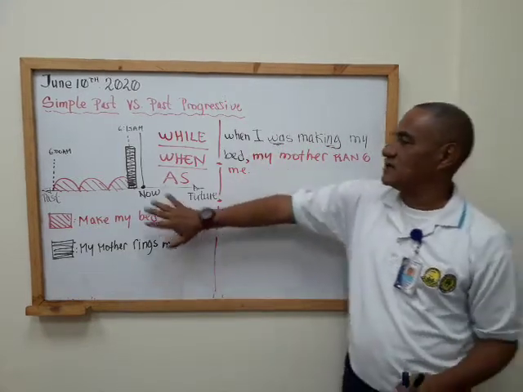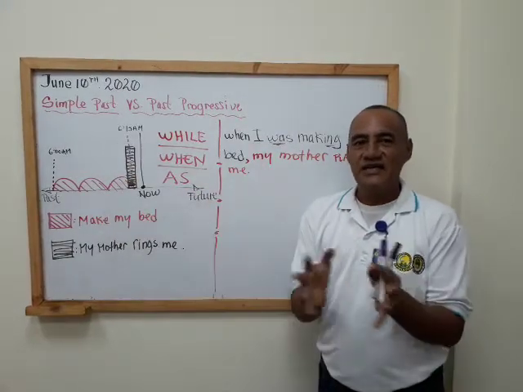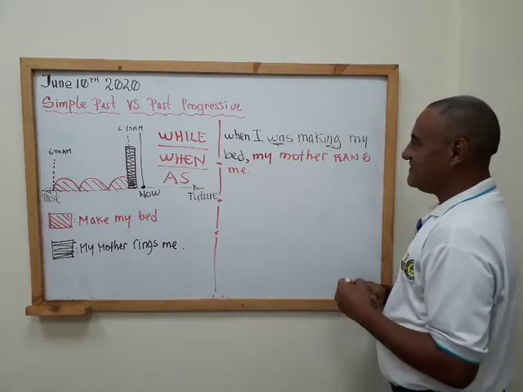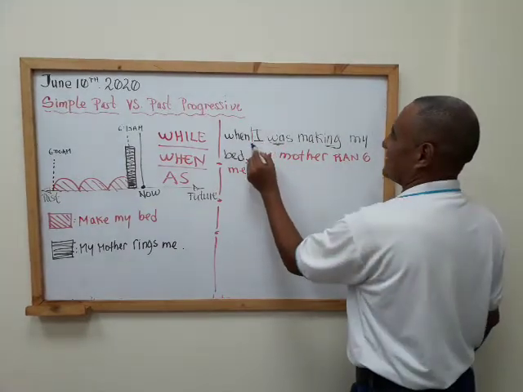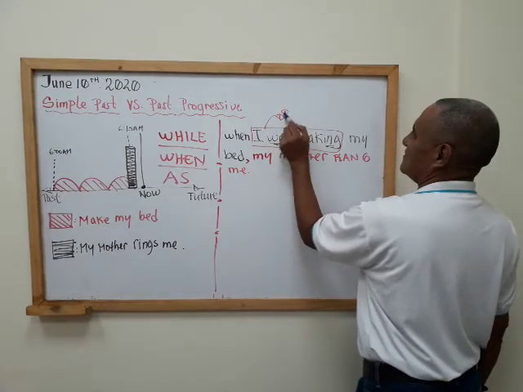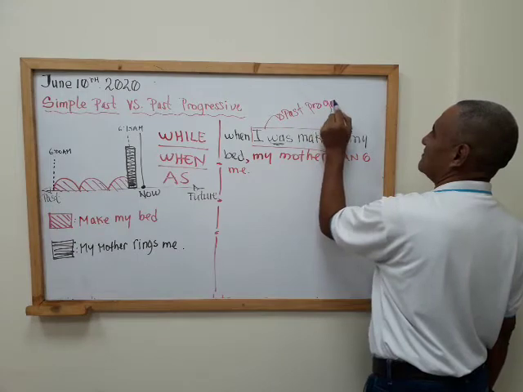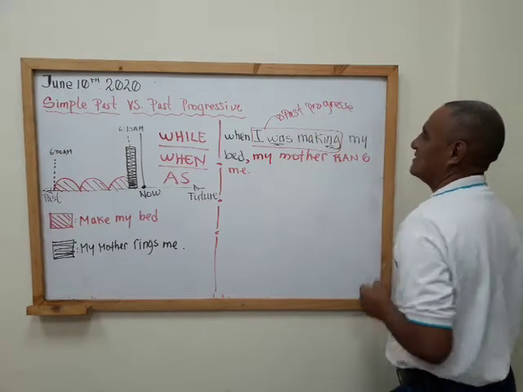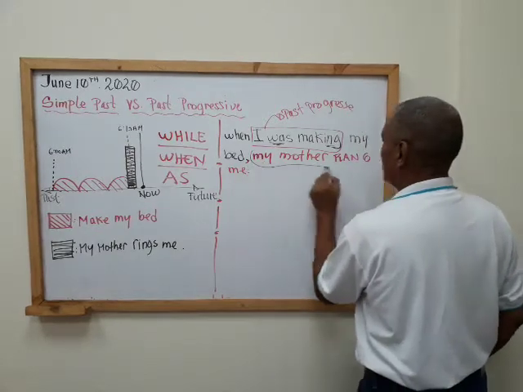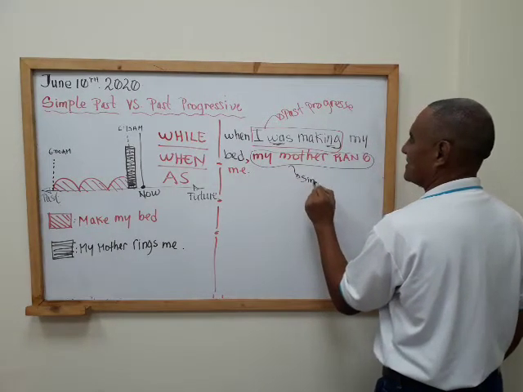So I just put these two ideas, these two activities that happened in the past together. So look at this. This one is, as you can see, in past progressive. Alright? Past progressive. And this, my mother rang, this one is in simple past.